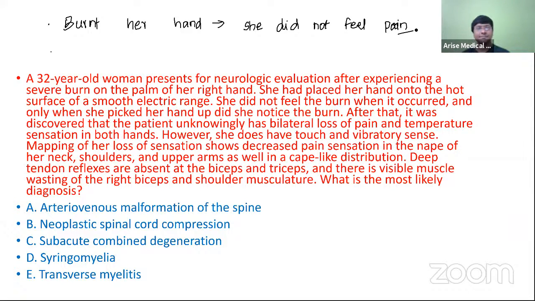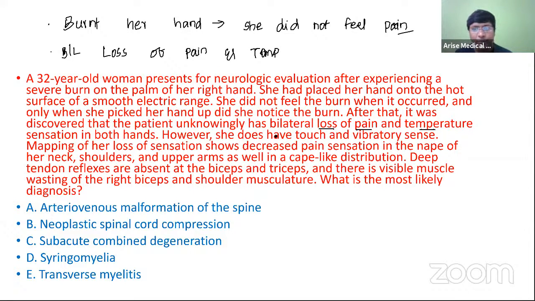That is one point. The next point is there is bilateral loss of pain and temperature. I'm writing only the positive points.